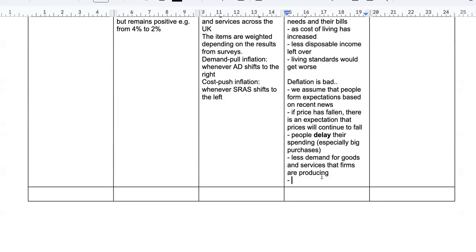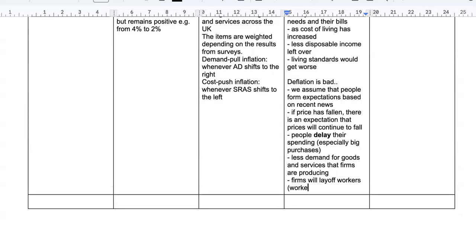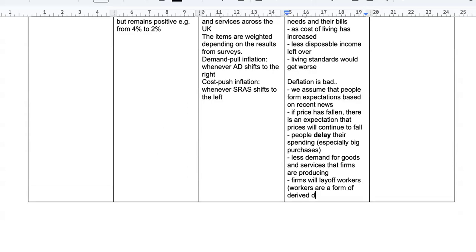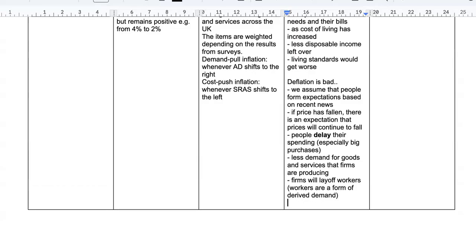Less demand for goods and services that firms are producing means firms will lay off workers, because workers are an example of derived demand. Firms will never have workers for decoration. They'll only have workers because there's demand for goods and services. So no demand for goods and services means no need for workers.